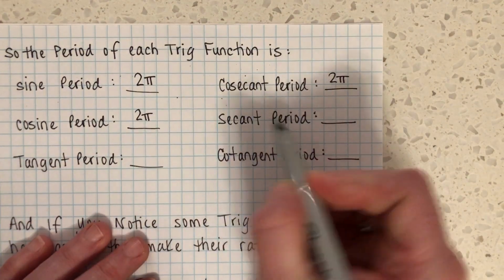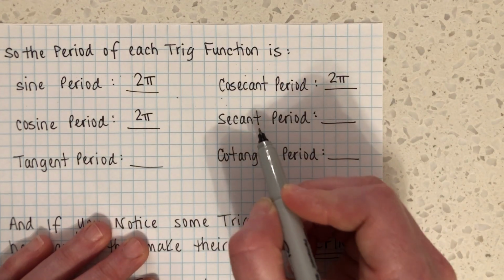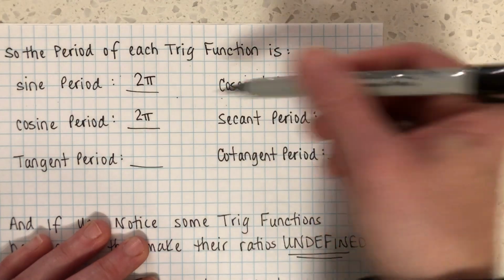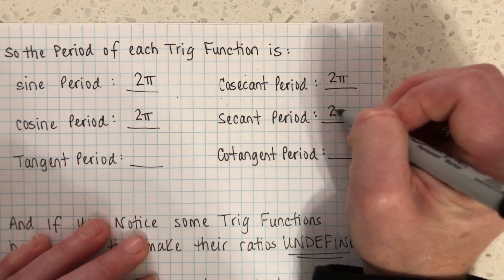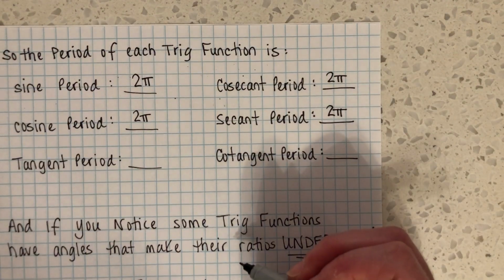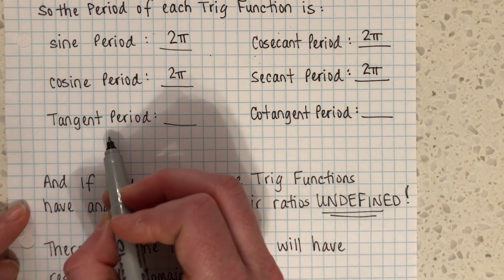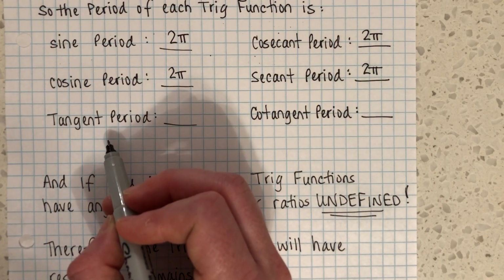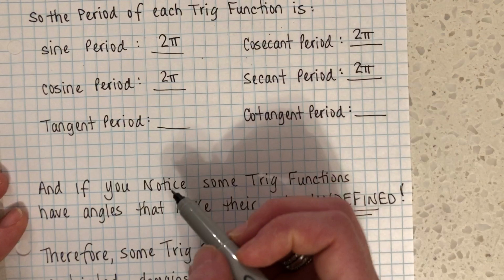Well, the secant, his reciprocal function, again, the x's don't repeat until you make one complete rotation. So then that means 1 over the cosine is also not going to repeat until you make one complete rotation, which is 2 pi radians. But the tangent and the cotangent, right? They are going to have a faster period. Their outputs repeat faster than the sine and cosine and the cosecant and secant.